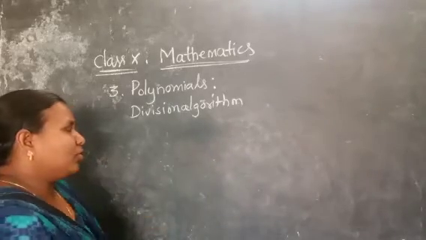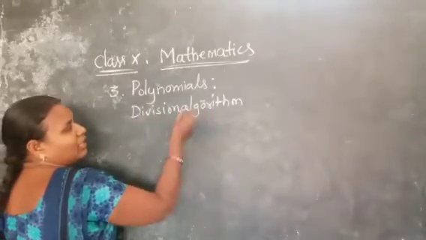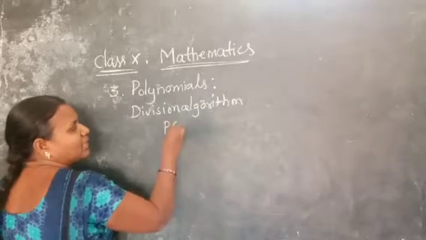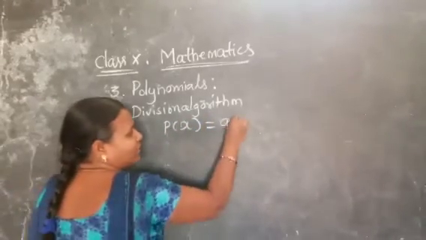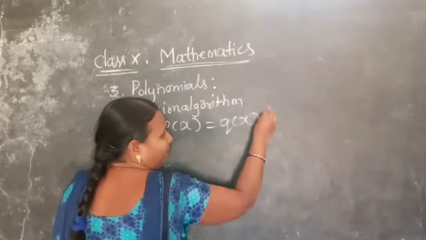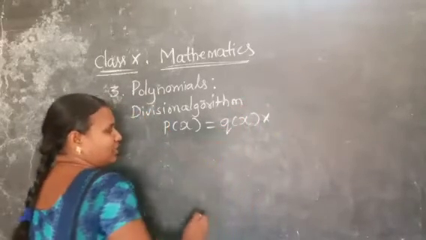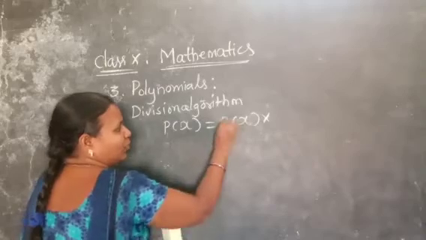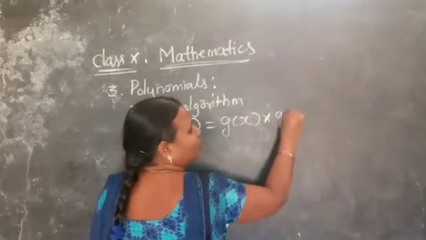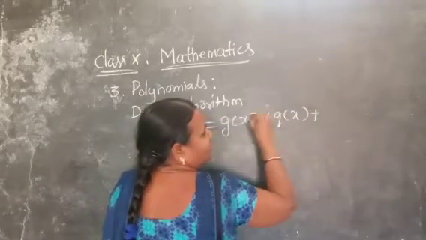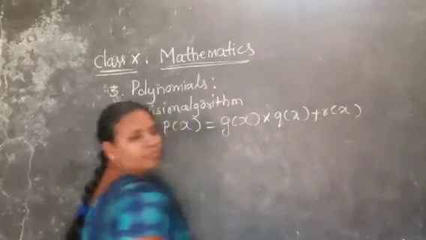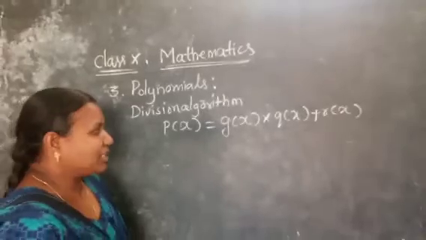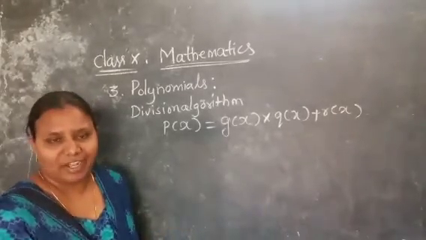As you know, division algorithm can be written as P of x is equal to G of x into Q of x plus R of x.